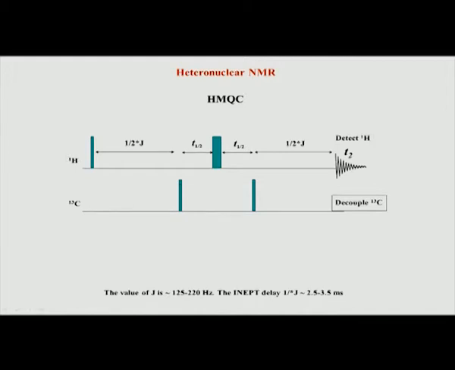So, what it means is that you can get the same information that you got in HSQC with a much simpler pulse program. And why is this smaller number of pulses useful? In general, each pulse is not 100% efficient due to several reasons, and that inefficiency gets multiplied as we apply more and more pulses.